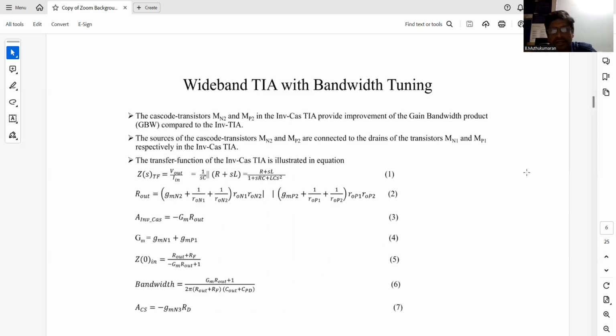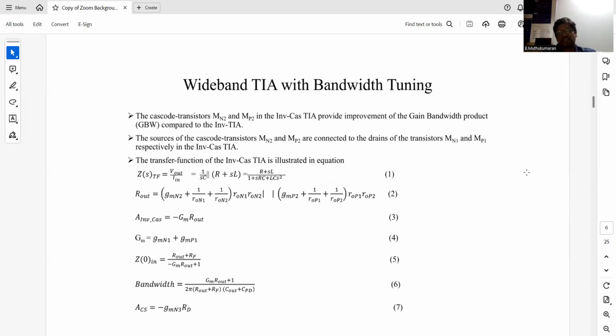In the wideband TIA, the cascode transistors MN2 and MP2 in the inverter-cascode TIA provide improvement of the gain bandwidth product. The transfer function of the inverter-cascode TIA is illustrated in equation 1.